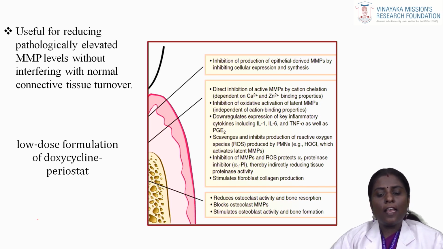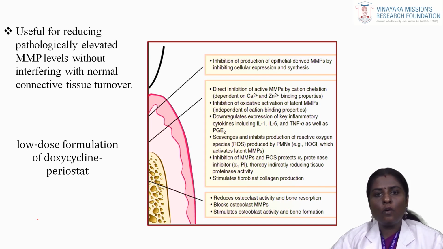You can see here the action of Periostat at three levels, that is the epithelial level, connective tissue and bone level. So when you see the connective tissue level, it will directly inhibit the activation of MMPs by cation chelation, that is dependent on calcium and zinc binding properties. It inhibits oxidative activation of latent MMPs and downregulates the expression of key inflammatory cytokines, that is IL-1, IL-6 and TNF-alpha, as well as PGE2.